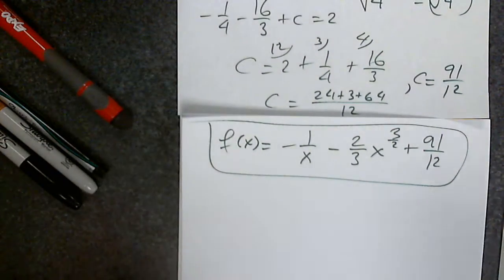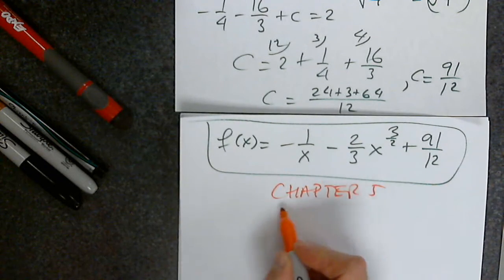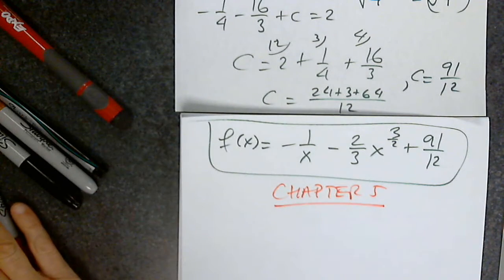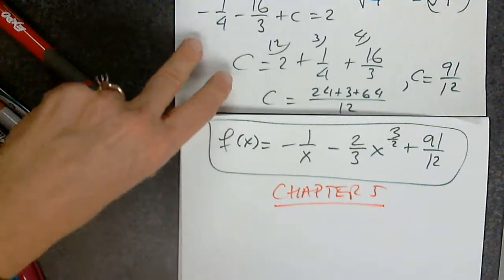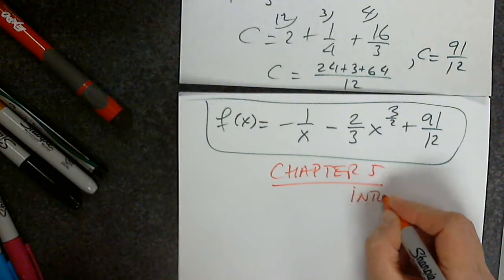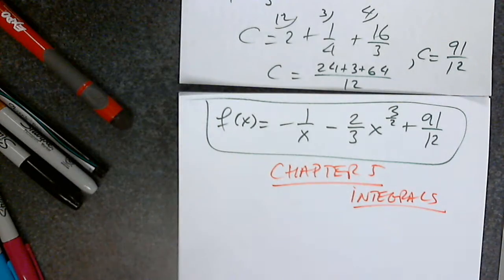Okay, so this is chapter 5. It only has 5 sections, and I'm hoping to be able to finish those sections in timely fashion. So integrals. We're not talking about integrals just yet.